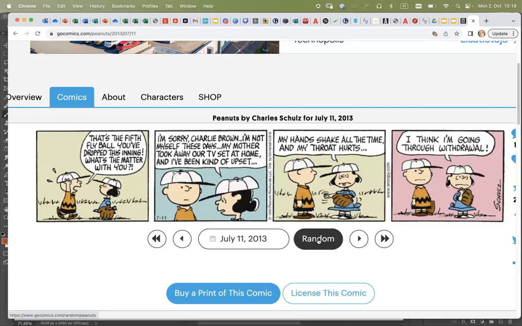But she never would tell that to Charlie Brown, how much she really cares. But she really does. So when I was a kid and I read these comics, I always thought that Lucy was just a bully, but she's actually not.